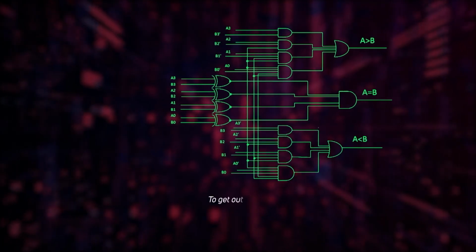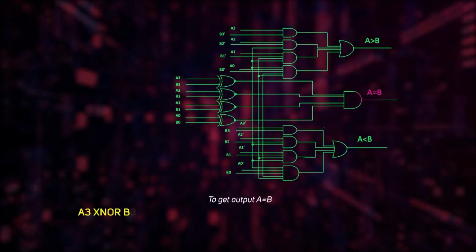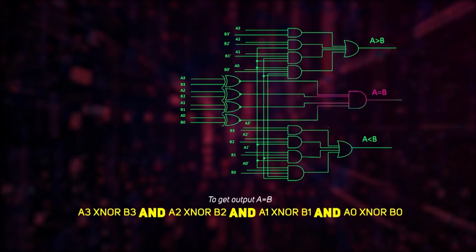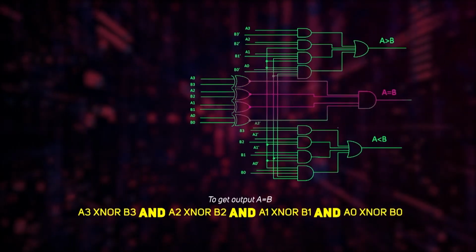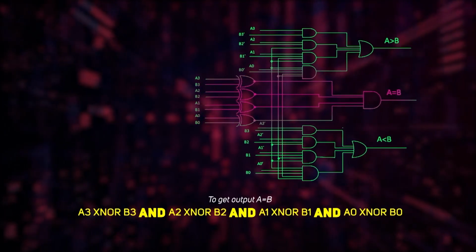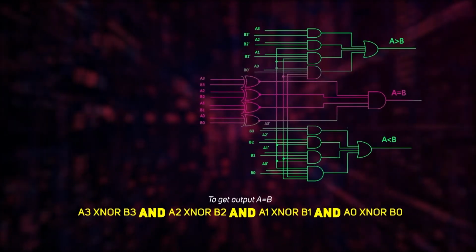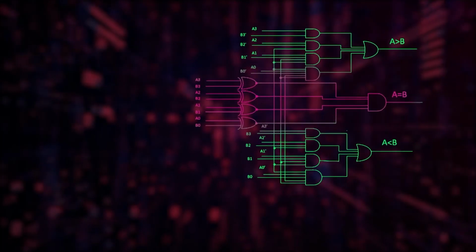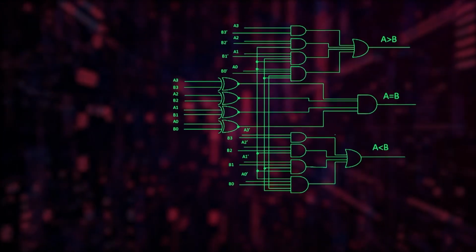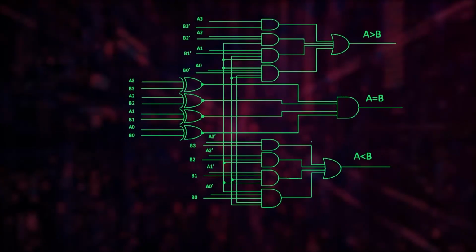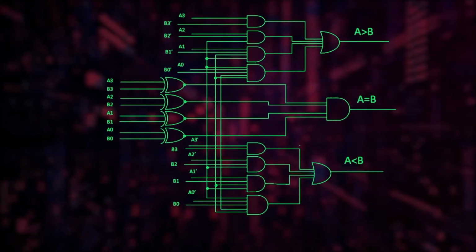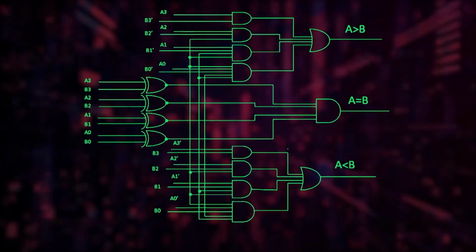To get output A equal to B, perform the operation A3 XNOR B3 and A2 XNOR B2 and A1 XNOR B1 and A0 XNOR B0. Please note, NOT gates are avoided in the logic diagram and represented by complemented input to reduce complexity of the diagram. So, it is time to end up.